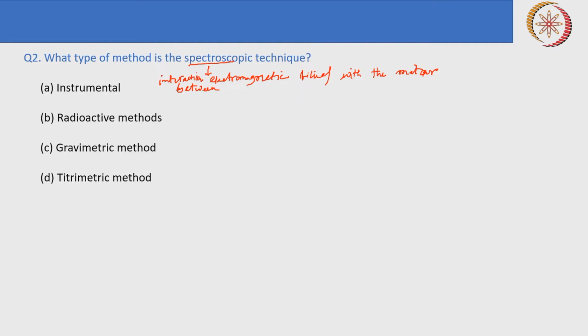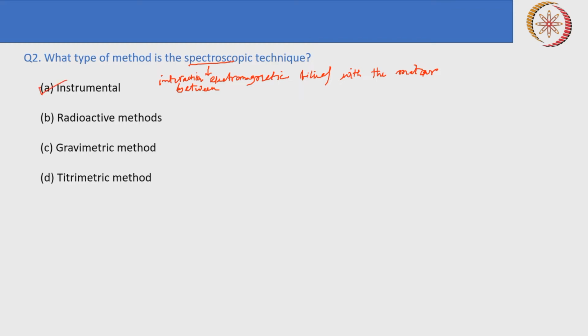There are different types, like NMR or nuclear magnetic resonance, and EPR, electron paramagnetic resonance spectroscopy. If you analyze some analyte, you have to use some instrument with which you can measure the property of your compound.